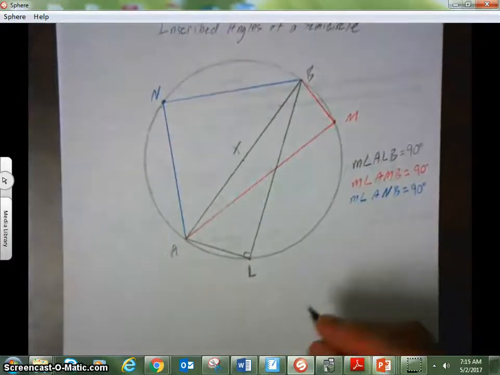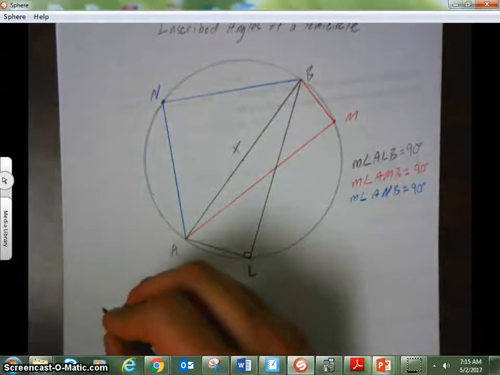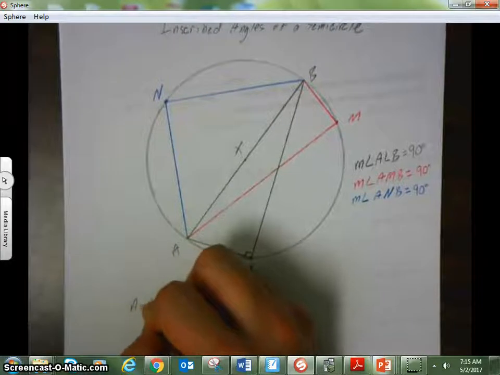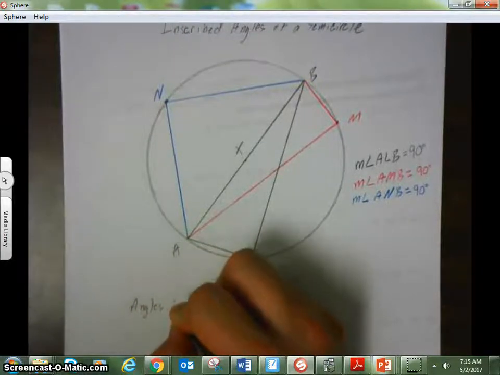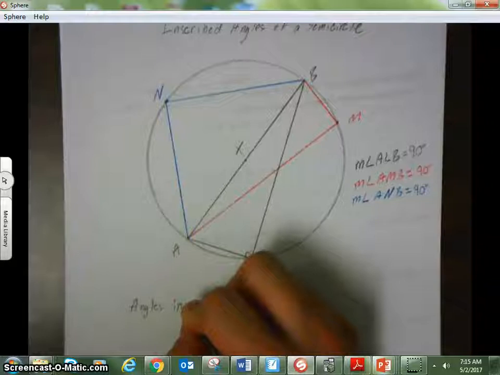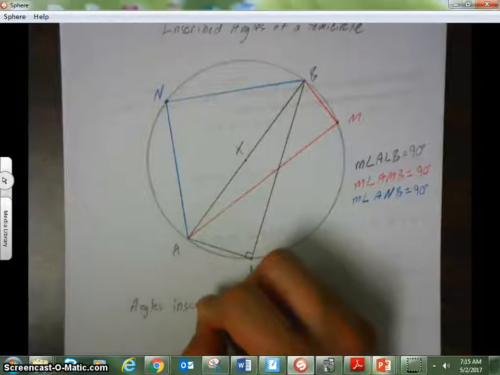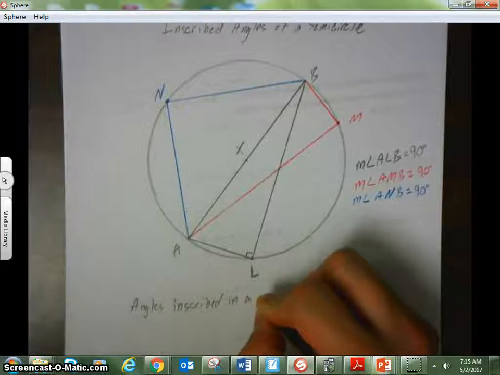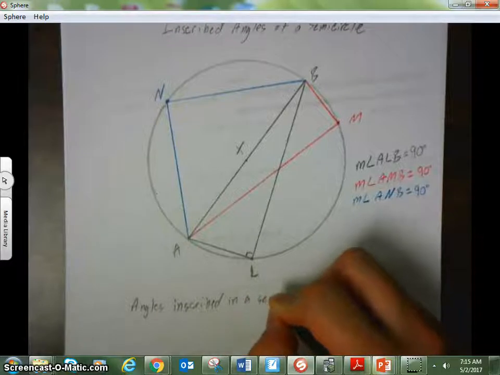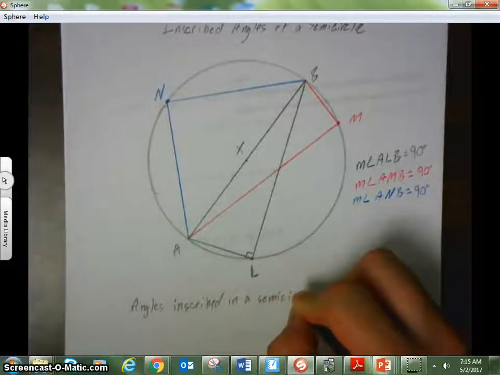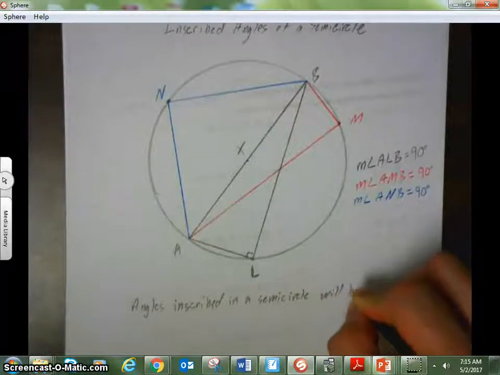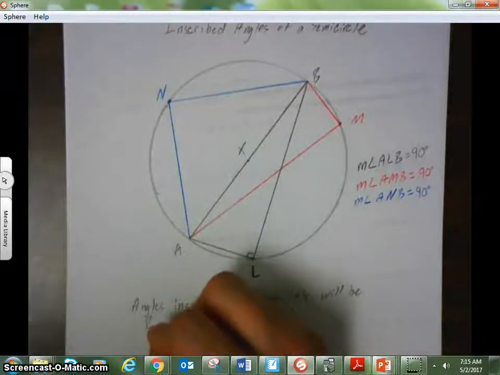But the conclusion that we're able to draw here is that angles inscribed in a semicircle will be right angles.